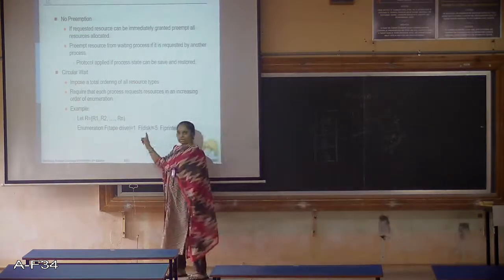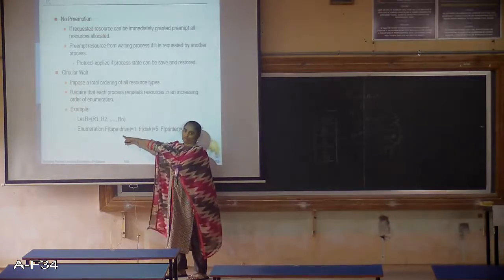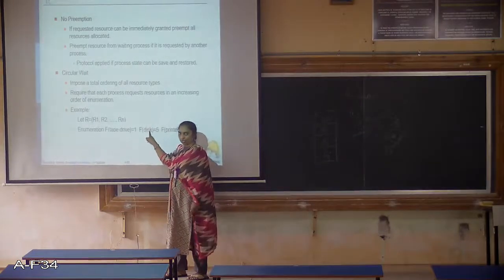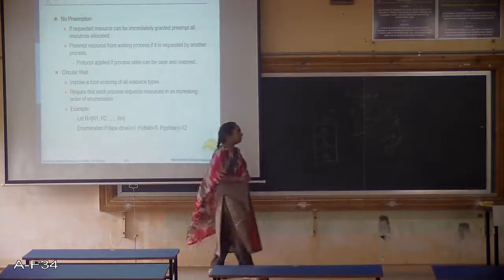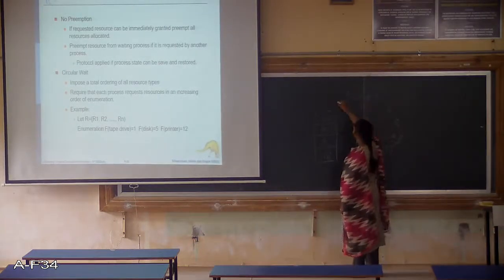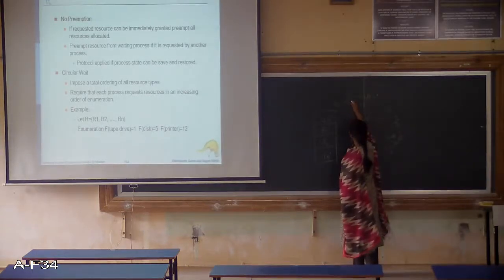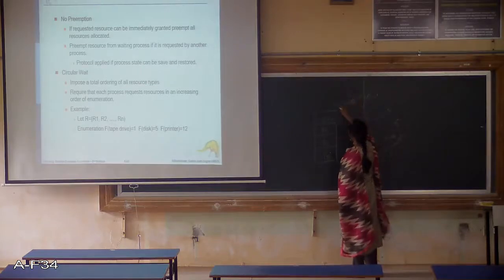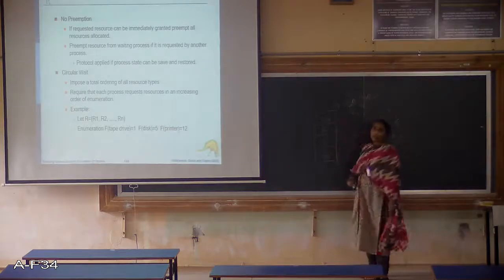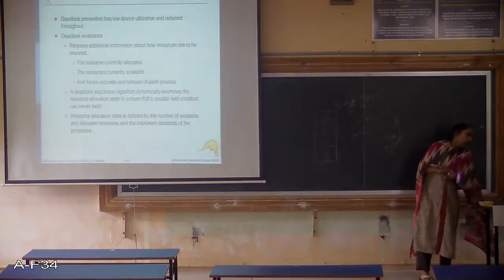Once it makes a request for disk and releases the tape drive, it cannot request the tape drive back, because it has already taken a resource of higher enumeration. So if process P1 finishes its task and releases it, then process P2 can acquire the tape drive. In this way, we can take care that there is no circular wait.